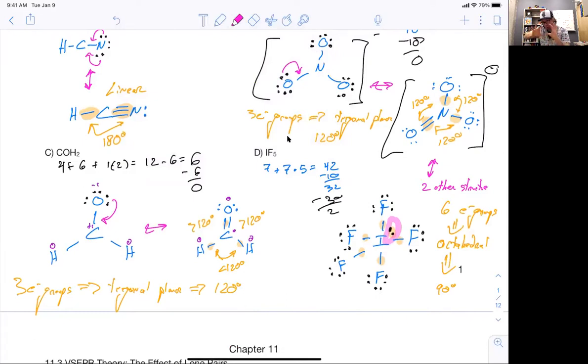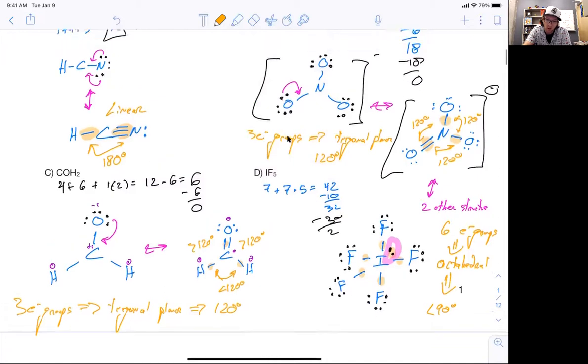So it's going to push in, crowd in, and force the other bonds to be a little bit less than 90. So when the terminal atoms are different, you're probably okay saying that the angle is going to be a little bit less than ideal, because if they're different, that means one's bigger, takes up more space, which means the other ones are going to have to accommodate that.